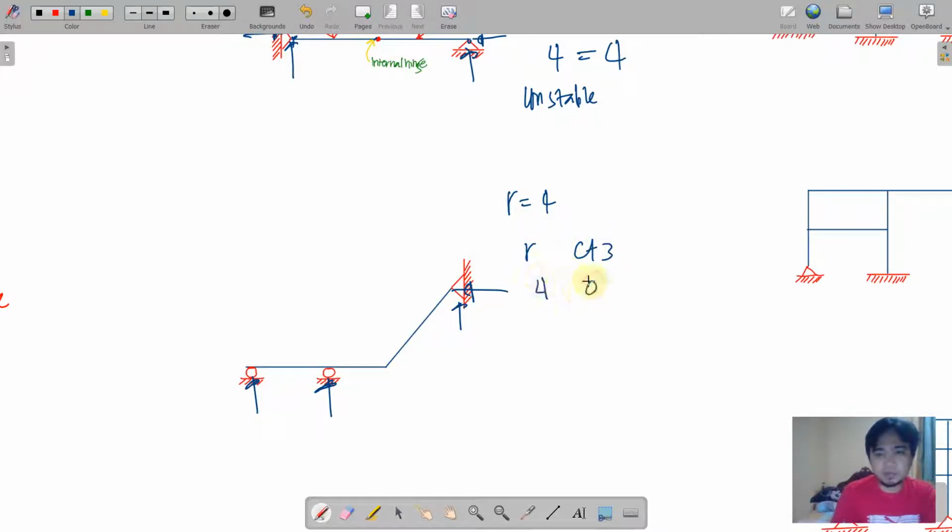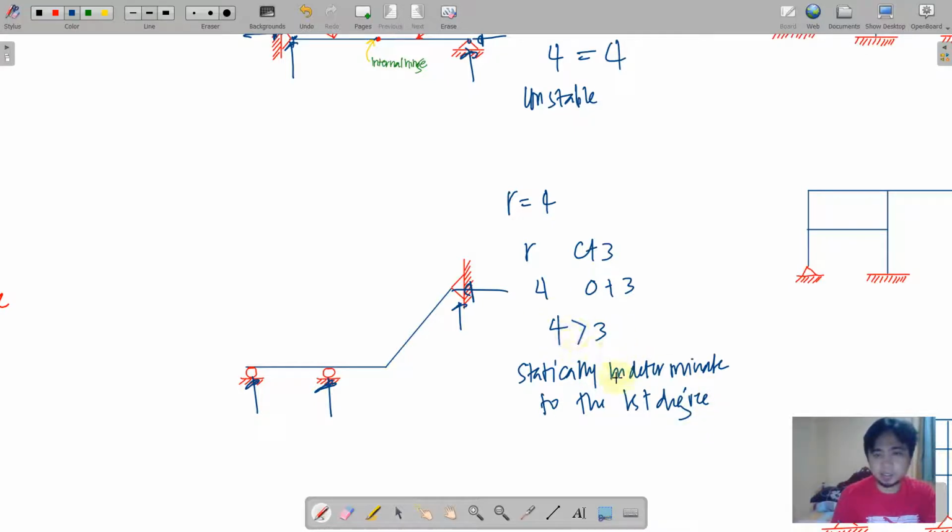We have no C here, so therefore 4 is greater than 3. So this is statically indeterminate to the first degree. First degree. So we'll just have to subtract the excess.